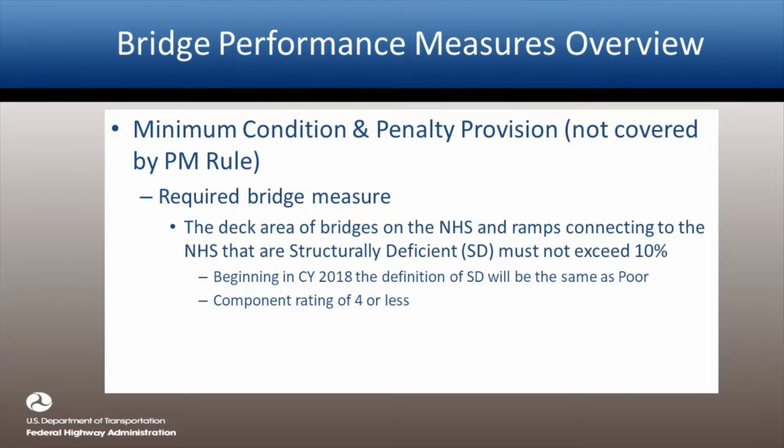So what that penalty is: the deck area on the NHS and the ramps connecting to the NHS cannot exceed 10%. So if it exceeds 10%, then we have to start looking at the penalty.